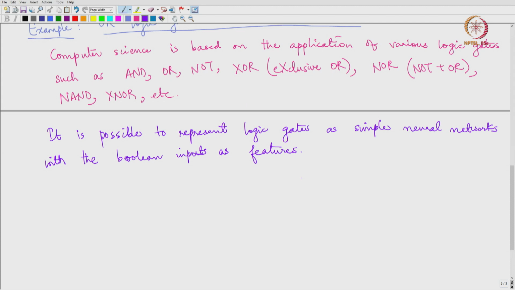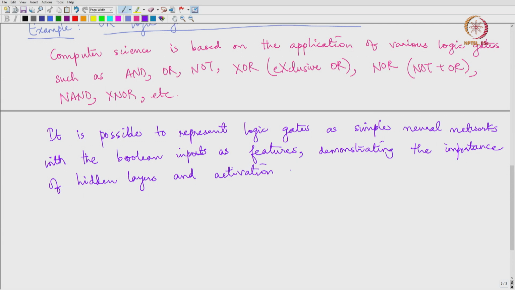And this also demonstrates the importance of hidden layers and activation functions. So both of these are important to represent logic gates as neural networks, okay.